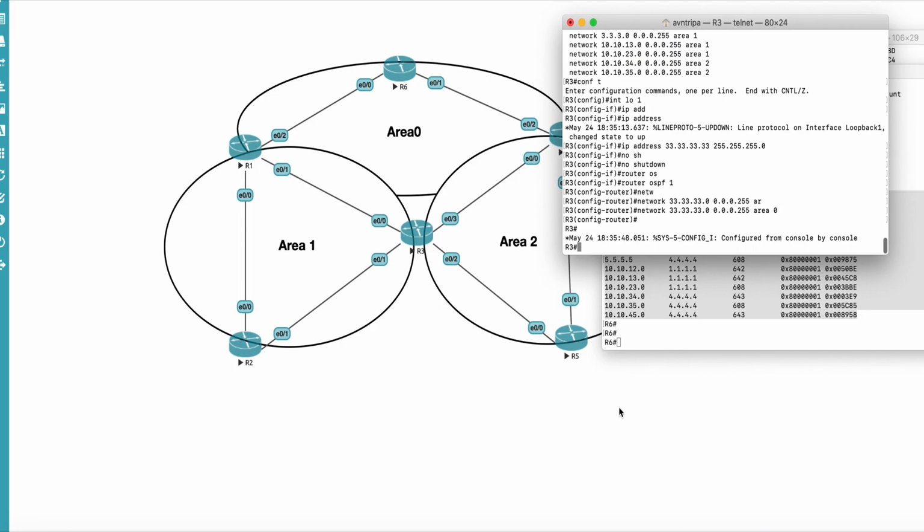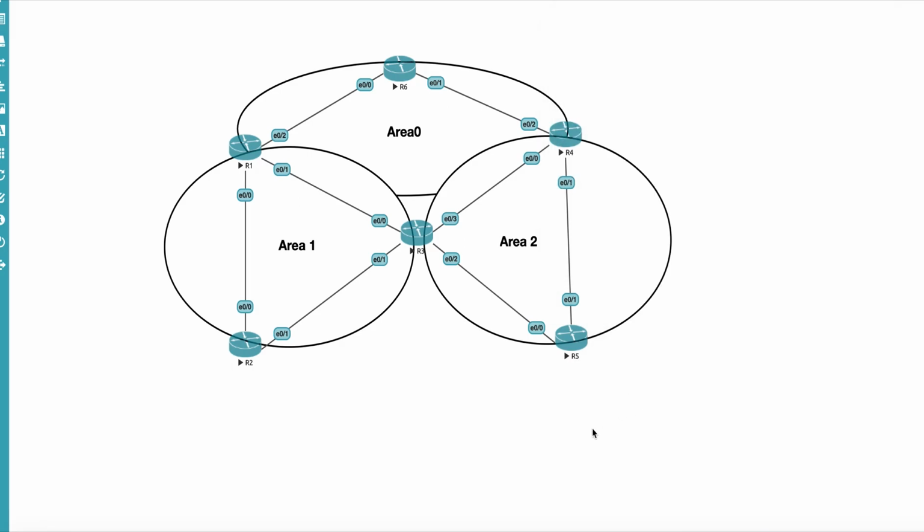How can we achieve this? We can achieve full adjacency using virtual links. What is a virtual link and what is this concept? The concept of virtual links comes from a situation where we have some areas that are not directly connected to area 0, and we cannot redesign.